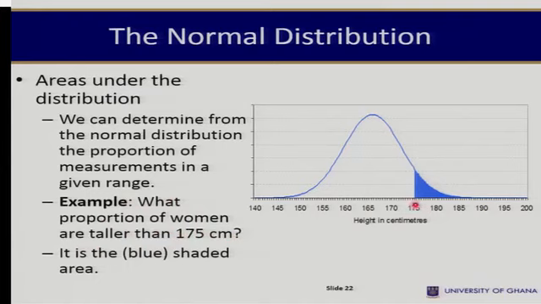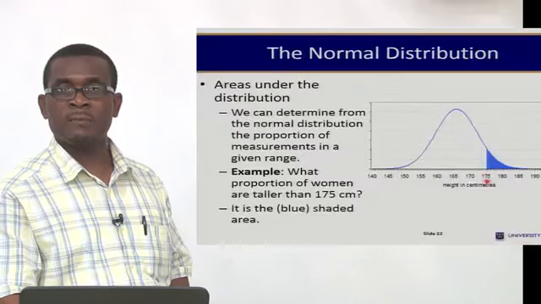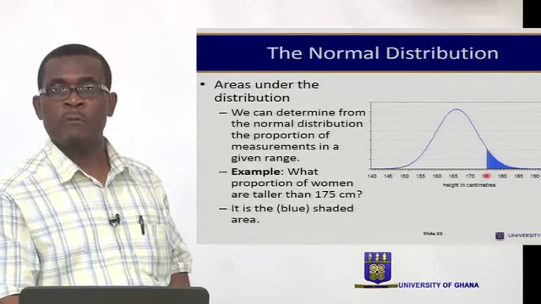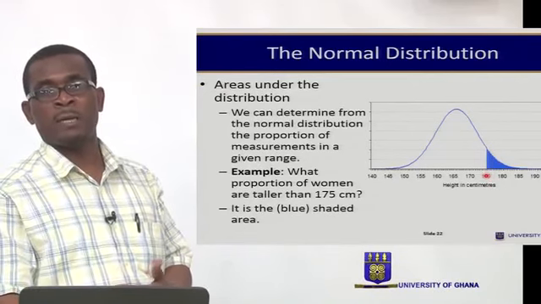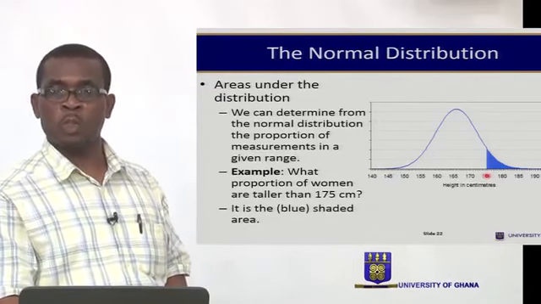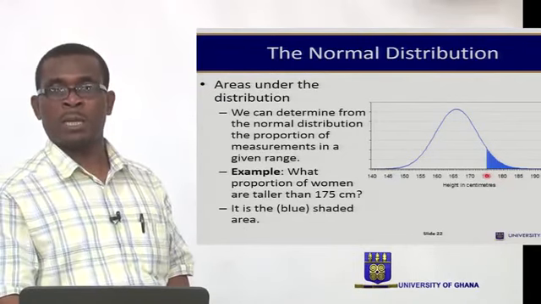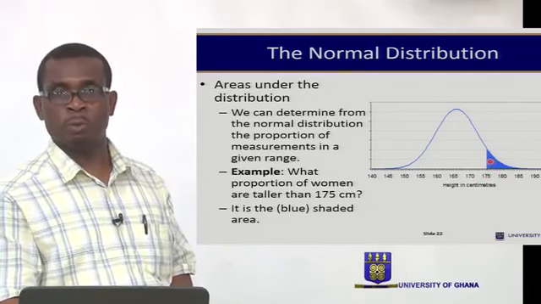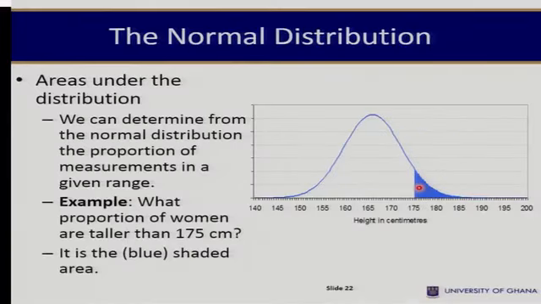It is simply the shaded area we're interested in, because if women's height is normally distributed, given as this shape, it means that women who are 175 centimeters are at this point, right? And to the right of that means you are taller than 175 centimeters. So if you want to find the proportion of women who are taller than 175 centimeters, it's a matter of finding the area shaded blue. We'll illustrate how you can find that.